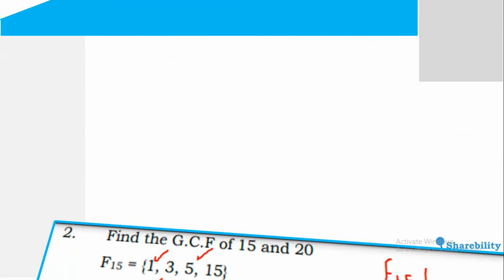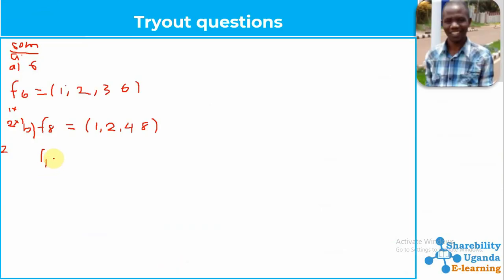Then our next number is 15. Factors of 15 are equal to, we have a 1. If you try, which number can be multiplied by 2 to get 15? Do we have one really? No. So let's try out 3.